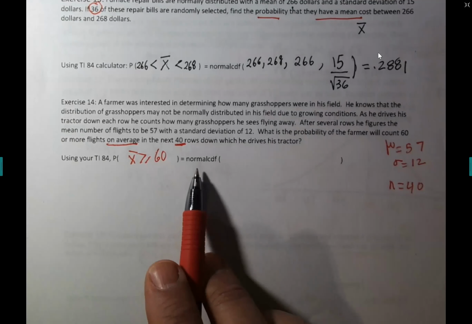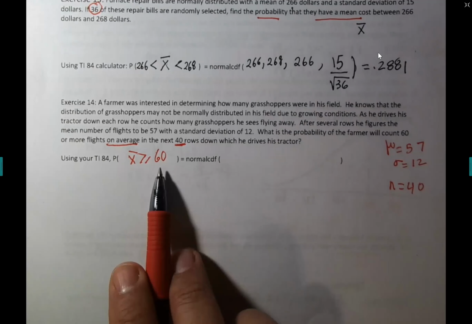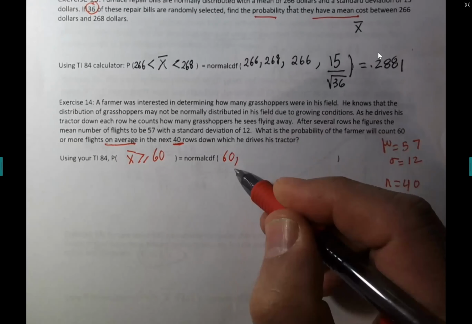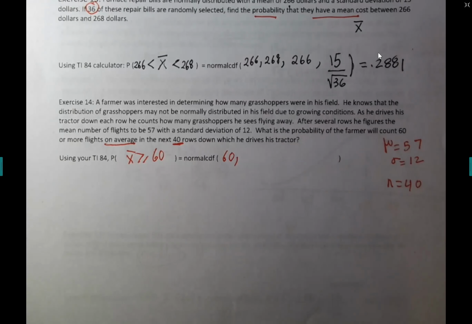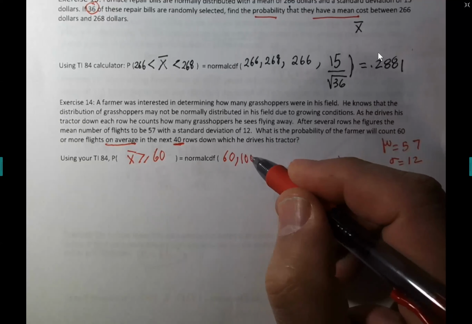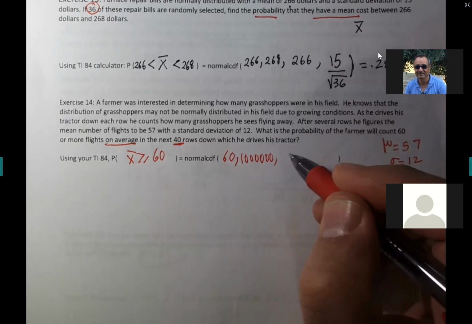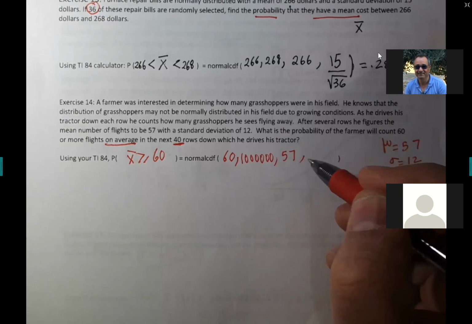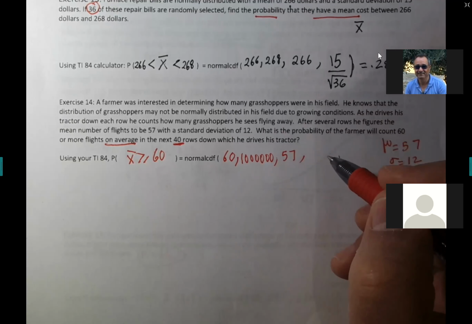Okay, how did we do that with a normal CDF? Greater than 60. So you start with 60. That's the lower bound. What would be the upper bound, guys? Still remember the magic number? 1 million. And then the mean, which is 57. The only thing here, you just have to pay attention because the question is about the sample mean.